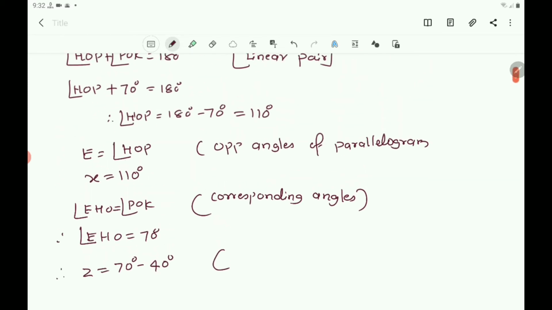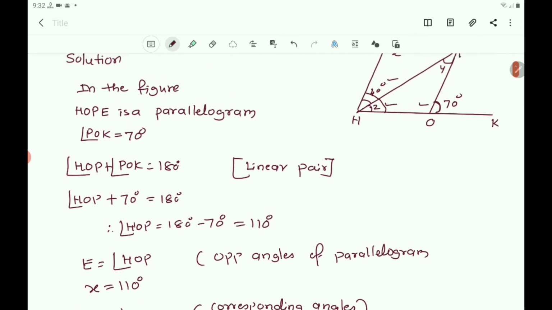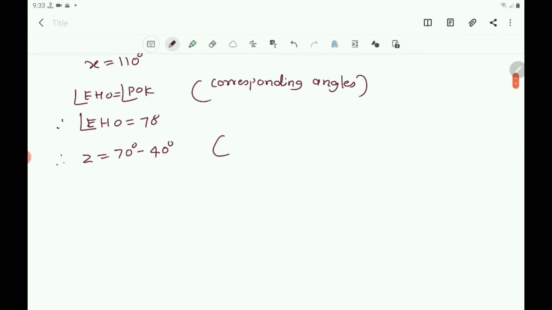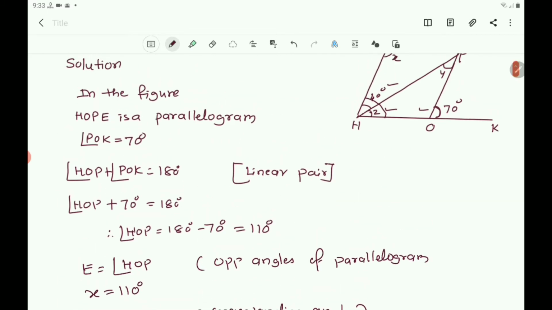Here z and 40 make up angle EHO, because angle EHO is equal to z plus 40 degrees. Therefore z is equal to what? z is equal to 30 degrees you got.